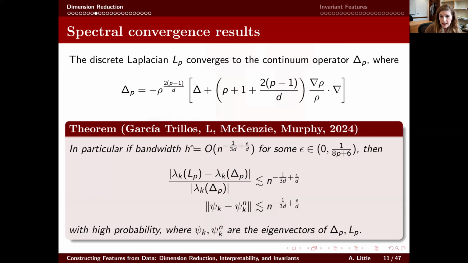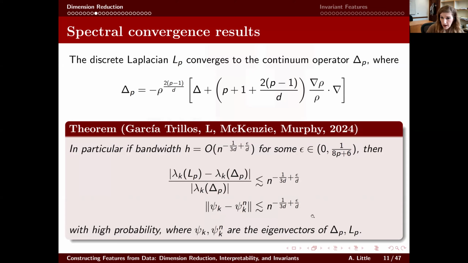So essentially proving that if you take a bandwidth h just a little bit larger than n to the -1/3d, then the relative error of the low frequency eigenvalues and also the error of the eigenvector approximation that you get converges to the underlying true continuum ones at a rate close to n to the -1/3d.